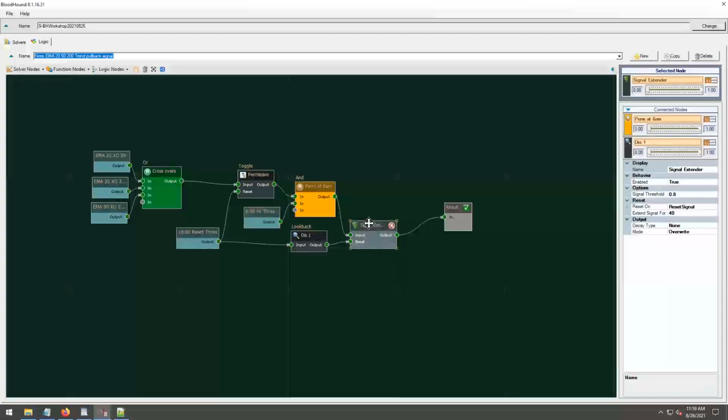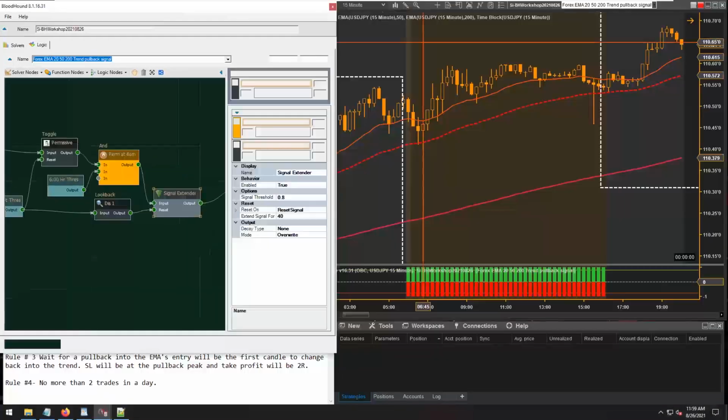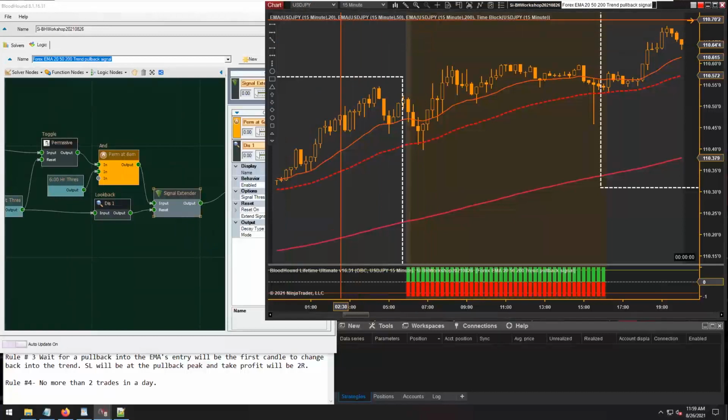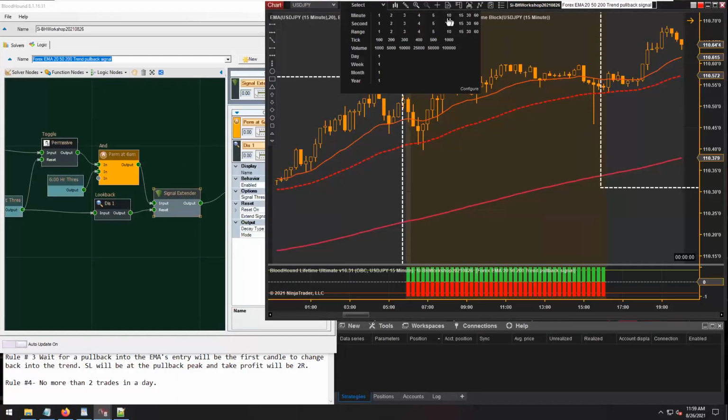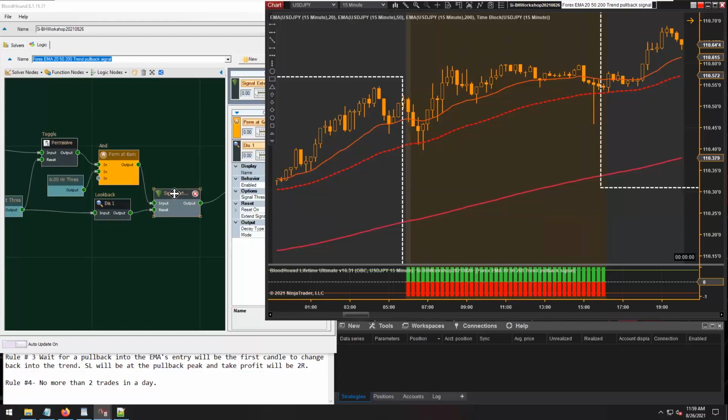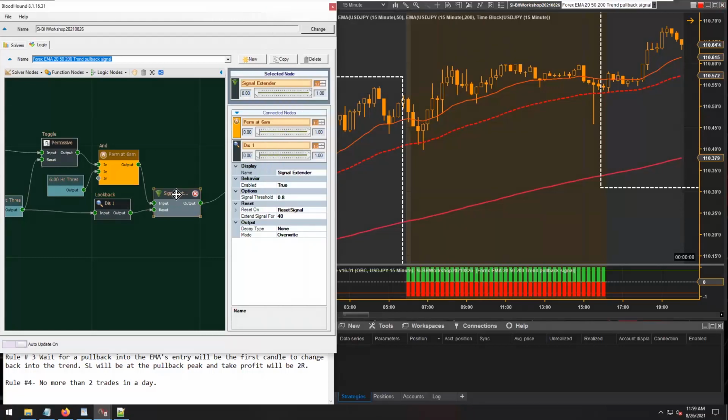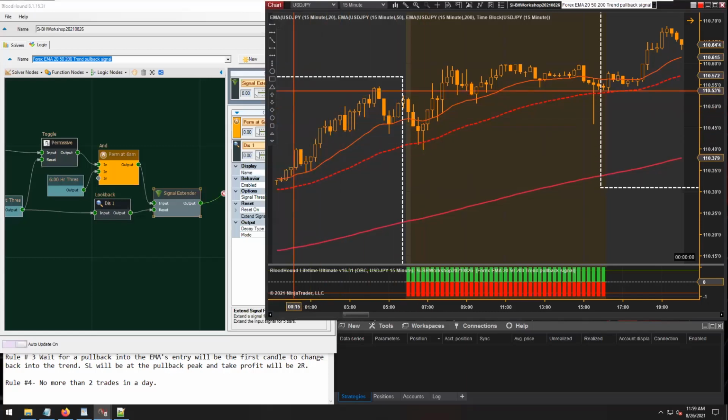So if you go and make any adjustments to this, for example, if you switch this from a 15-minute chart to a 10-minute or a 5-minute chart, just keep in mind that you're going to have to adjust the signal extender for the number of bars in between here.